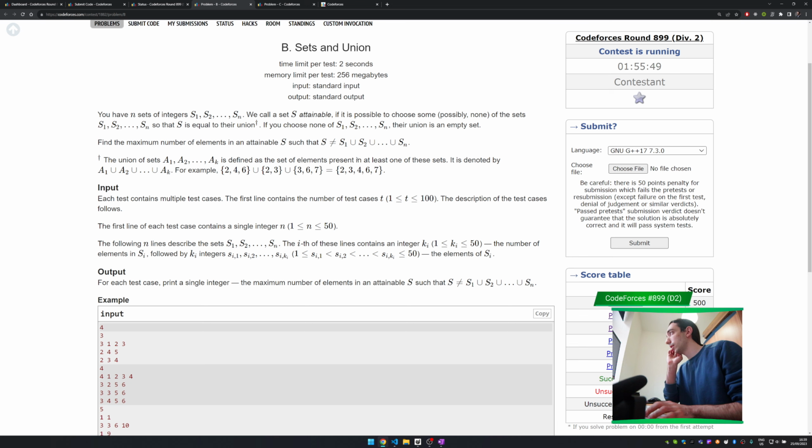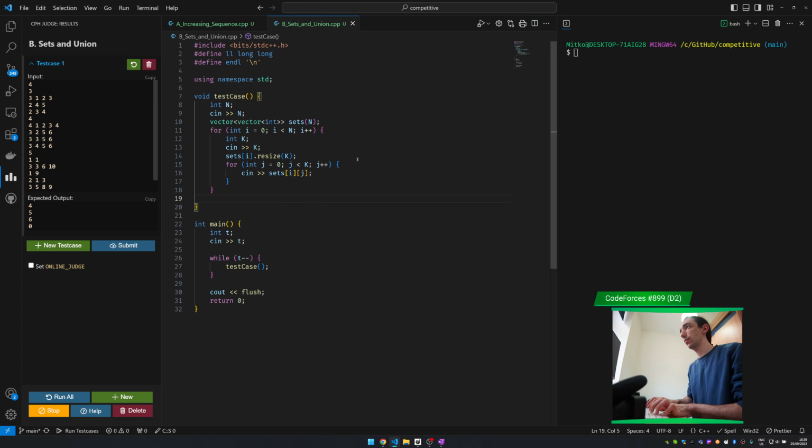Now if it's not their union, we take one element out, and then we ask whether there is some set of these that creates it. The elements are up to 50, so we can do frequency on which sets are attainable, and we will delete the element which is in only one of the sets, or in the smallest number of sets.